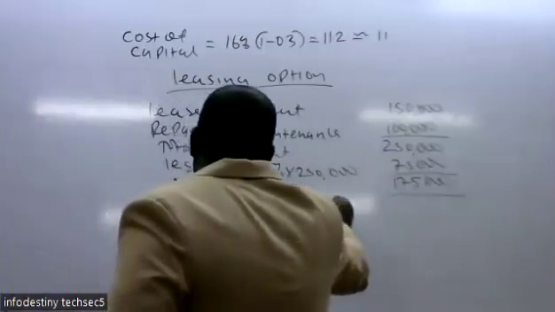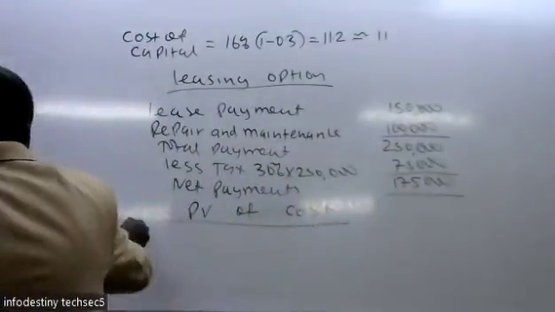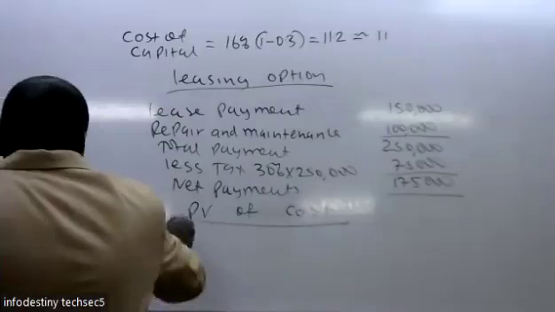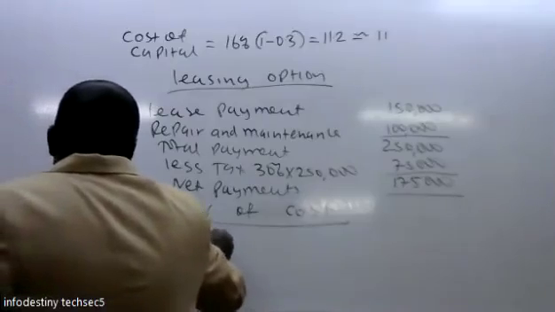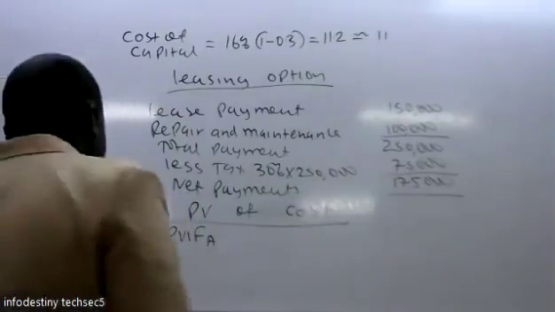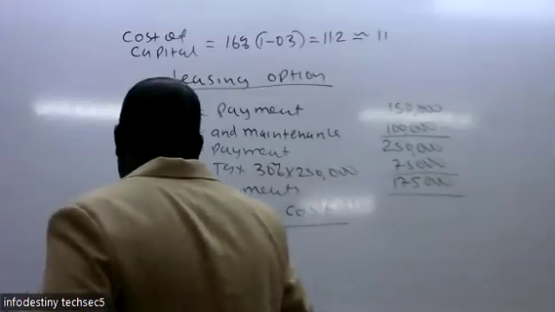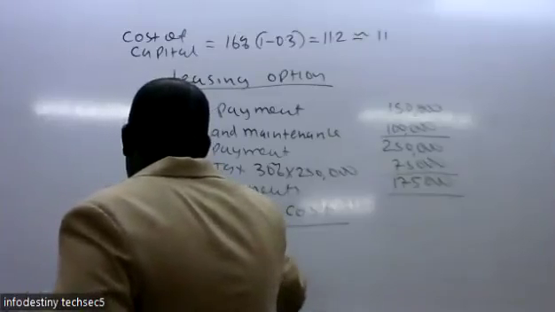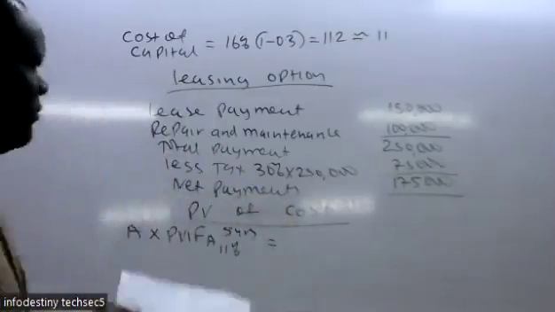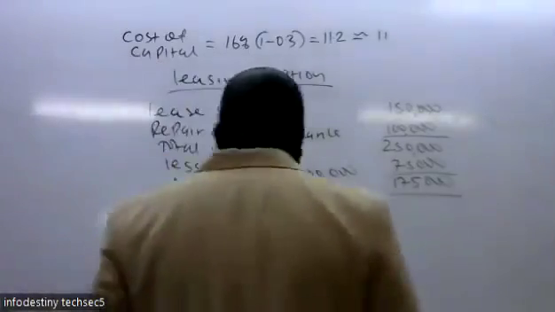To get the present value of those costs, it will be an annuity multiplied by the present value interest factor for the annuity. So cost of capital, you have gotten 11% for how many years? 5 years. So our annuity is the 175,000.